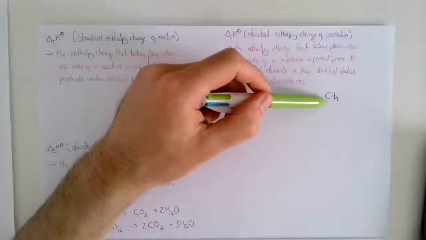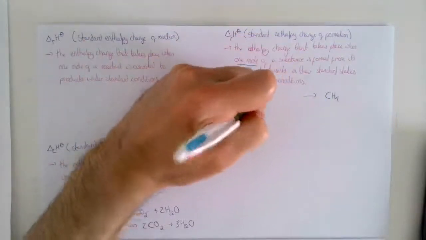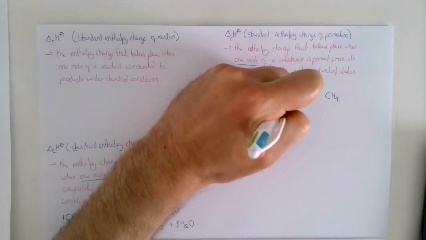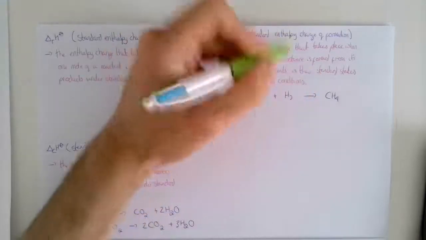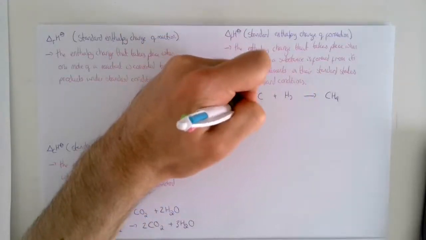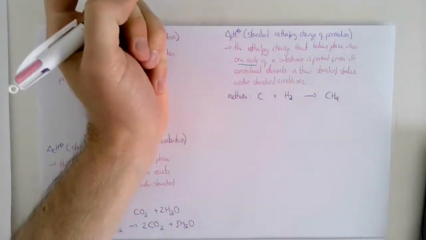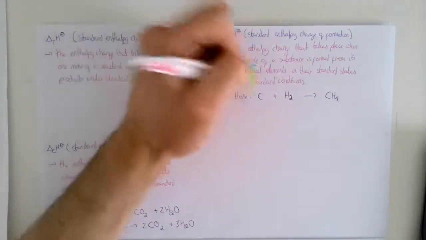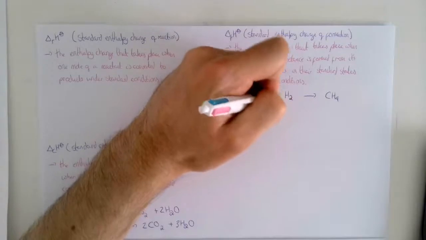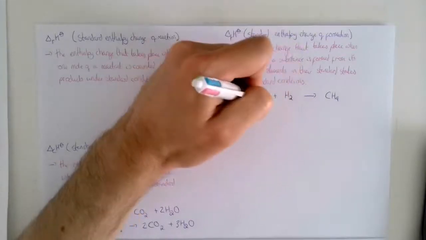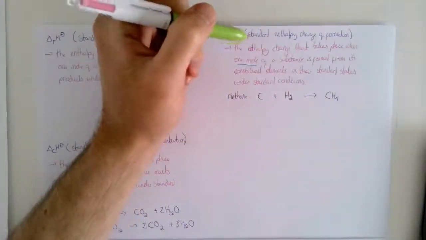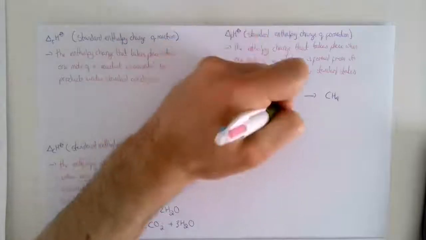So what elements have we got in methane? We've got carbon and we've got hydrogen. Carbon is monatomic, so it comes on its own. Hydrogen is diatomic, so it always comes in pairs as an element. So every time you find elemental hydrogen, it'll be in pairs. Every time you find elemental carbon, it'll be on its own.